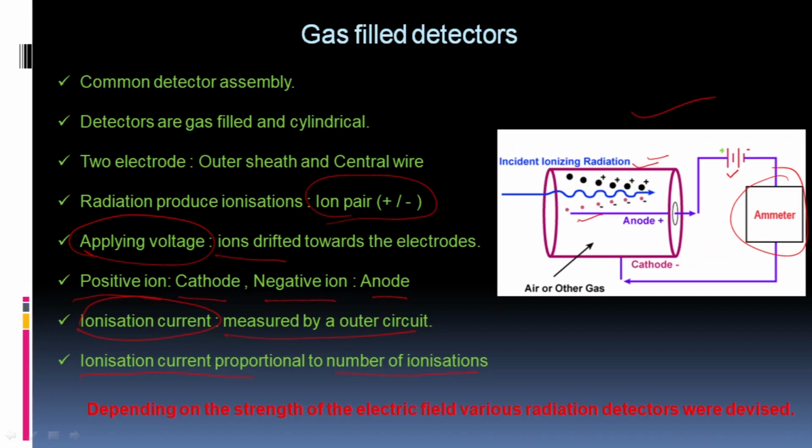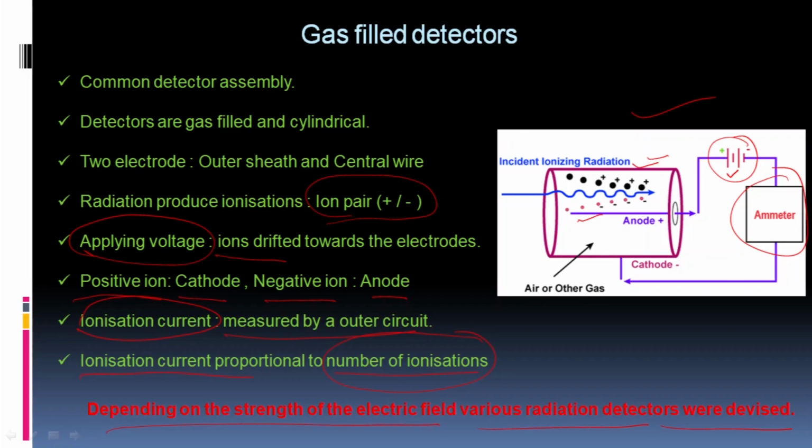Now we are able to measure ionizing radiation in terms of the amount of ionization. This voltage is variable, and depending on the strength of the electric field, various types of radiation detectors were devised, and they were used for different purposes, with different levels of accuracy.